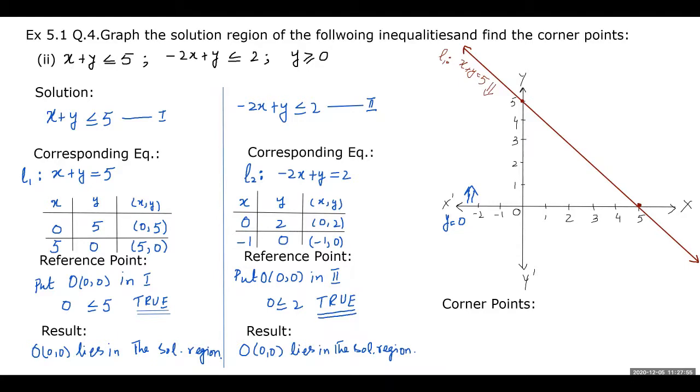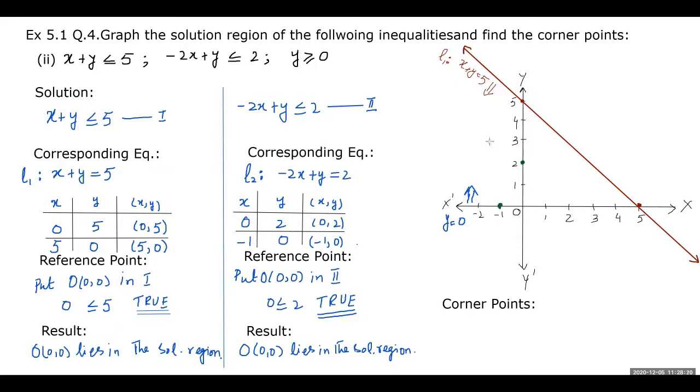Now let's get to the third one, the next equation. I'm going to plot it with dark green color. Here it is. The points are x equals to 0, y equals to 2. Then x equals to minus 1, y equals to 0.